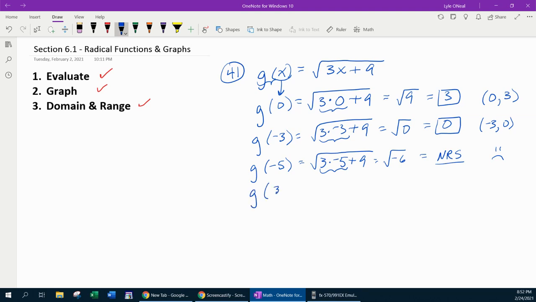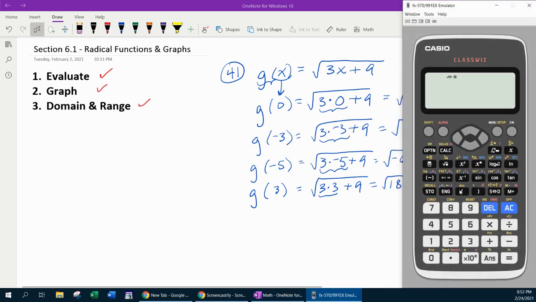And how about one more? Let's do g of 3. So 3 times 3 plus 9. 3 times 3 is 9. 9 and 9 is 18. And guess what? The square root of 18 does not square root nicely. But what I can do is pull up my handy dandy calculator and have the calculator give it in simplest radical form or a decimal if I need it.